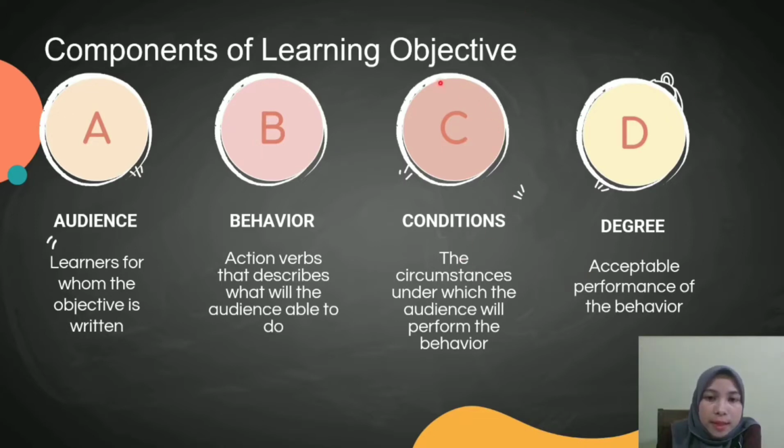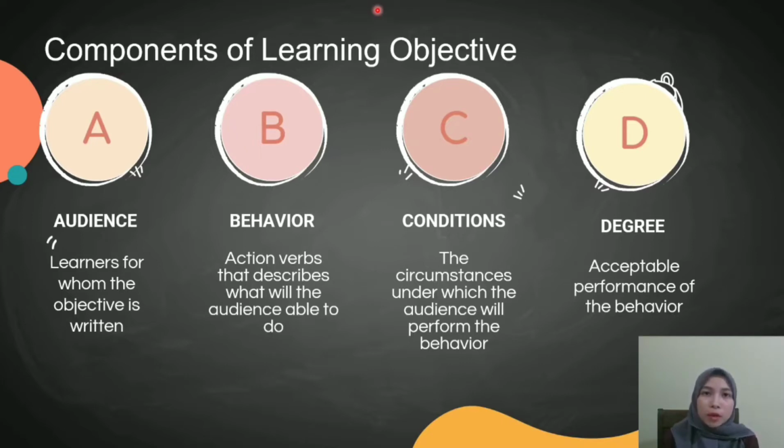So, next is C. C refers to condition. Condition is the circumstance under which the audience will perform the behavior. These are the actual conditions under which a given task should take place. The conditions may include time and place.